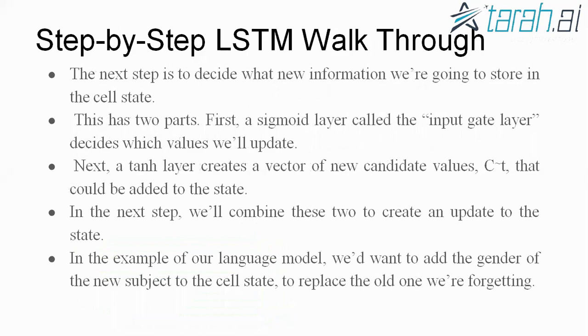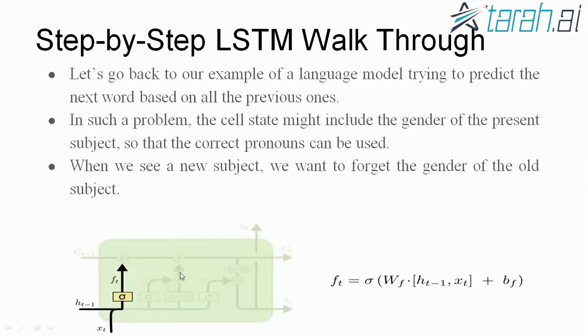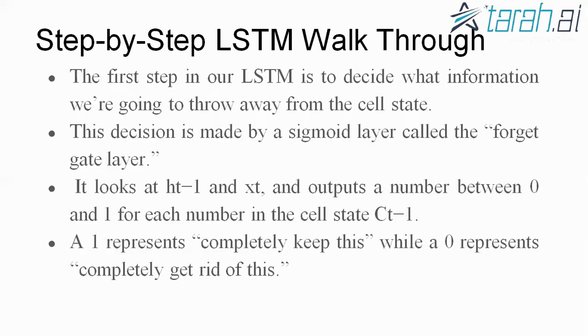Basically, sigma as the output of ht minus 1 and xt is the forget state, depending upon what level of previous context or past data you need to capture. If there is no new information, typically the output of sigma would be closer to 1, where you retain the original information and do not change it.